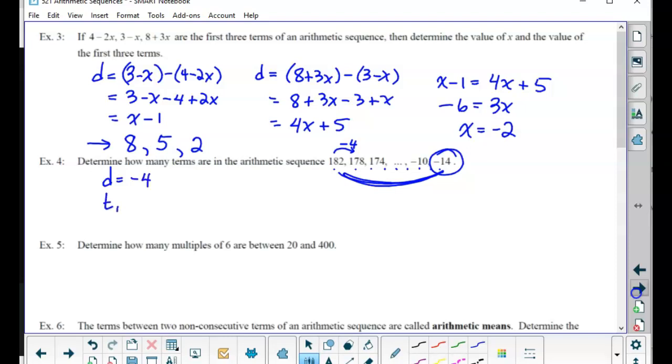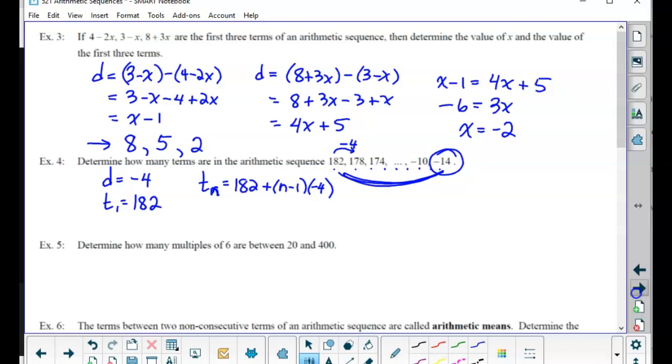Our first term is 182, so our general term, Tn, is our first term plus n minus 1 times negative 4. Okay. So now in this, you don't have to simplify it if you don't want to, because it's not asking you for the general term, it's asking you for the term number.